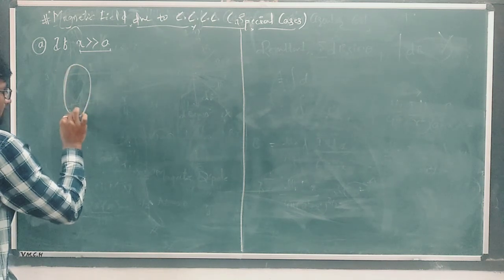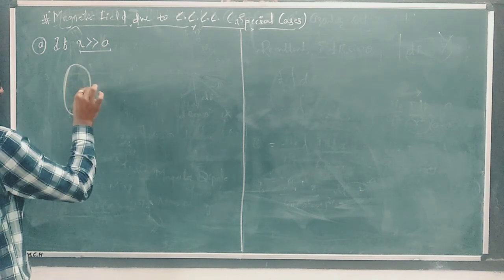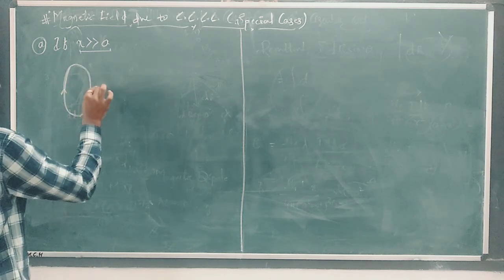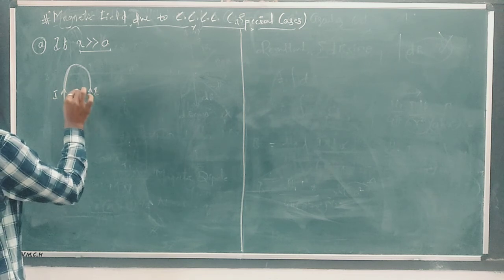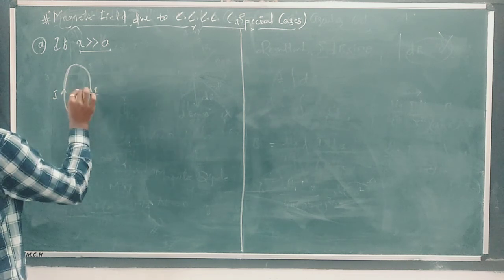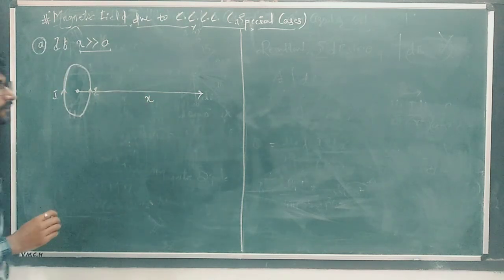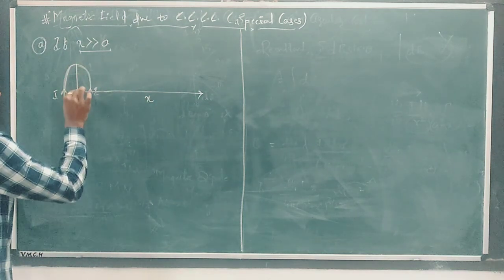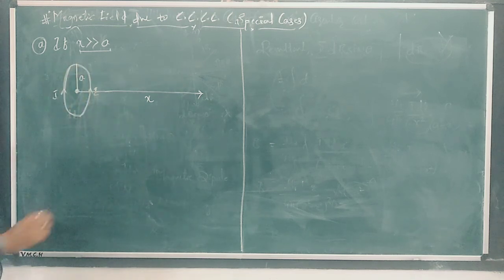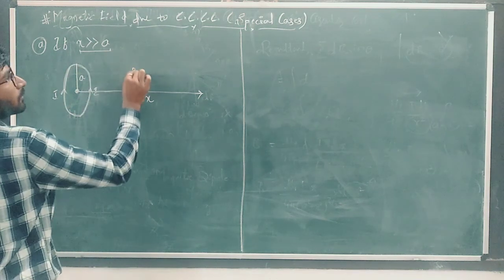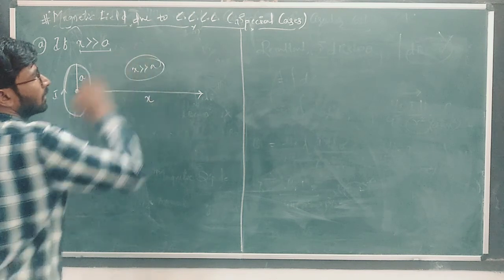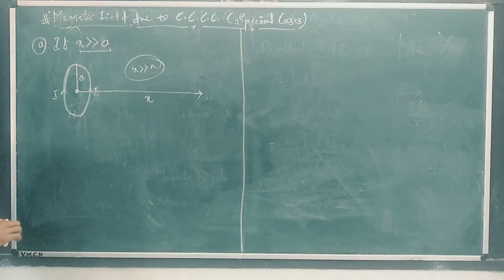Consider the circular coil carrying the current I. Here x is the distance and a is the radius of the coil, and x is very much greater than a.